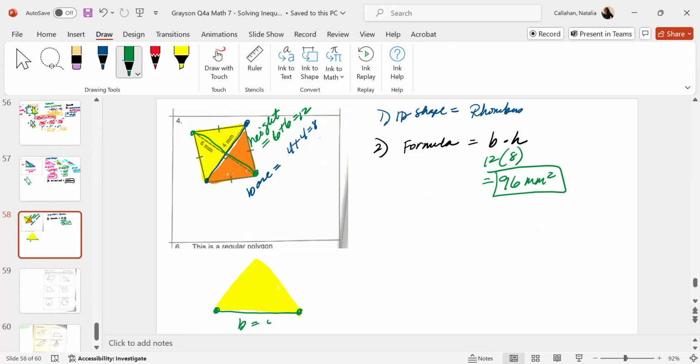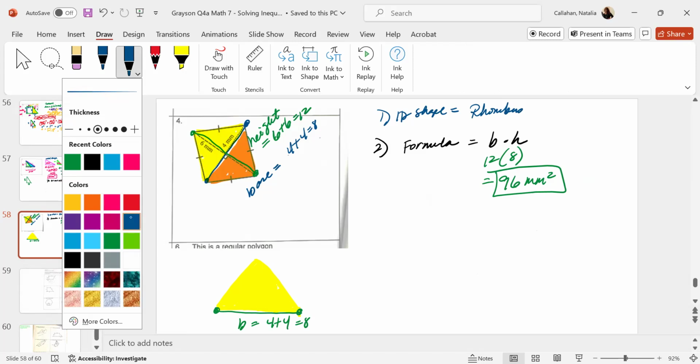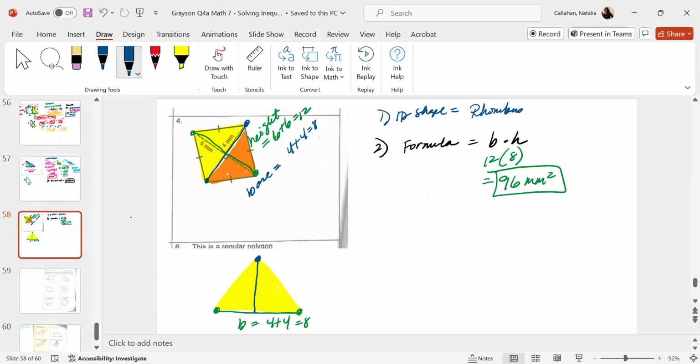And what is that? 8. Yeah. Height is from here to here. What's the height? 12. It's not 12 because the orange yellow triangle is only the yellow triangle. It's just 6, right? If it's 12, it'll be the yellow plus the orange, correct?